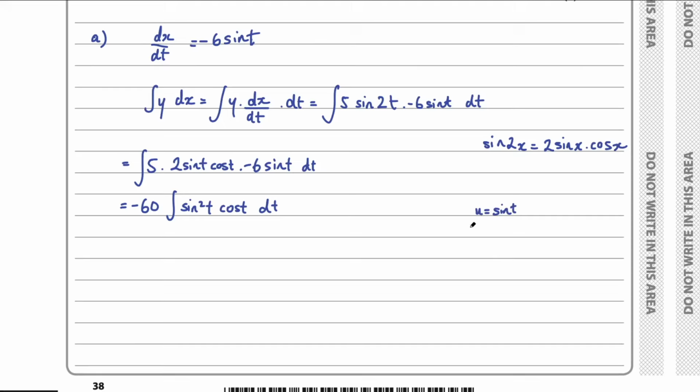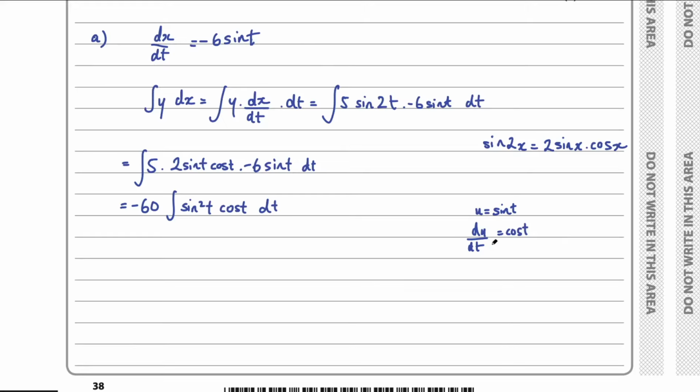Because then du on dt equals cosine t. That's the derivative of the sine function. So now we have the derivative equal to this function here. If we did sine squared t, the derivative would actually be 2 cosine times sine. So then it wouldn't work out so nicely.